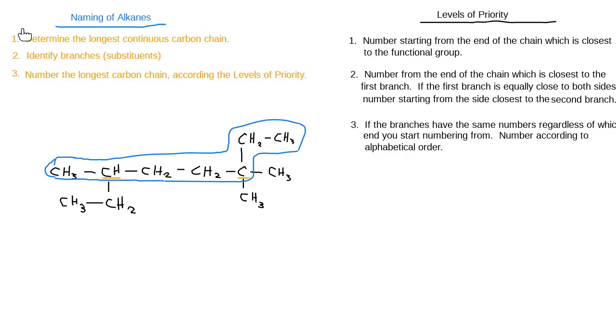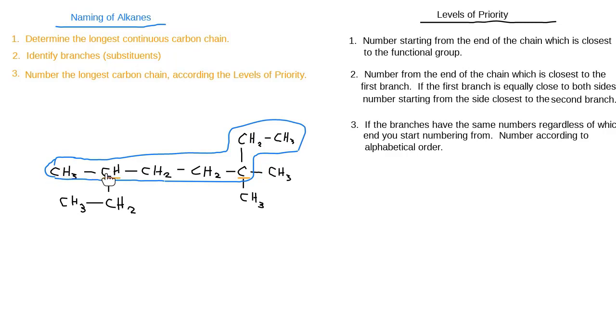So if I look for the intersectional carbons, I'm looking for the 2 longest directions or branches off of those intersectional carbons. For example, with this intersectional carbon here, how many carbons are off to the left?